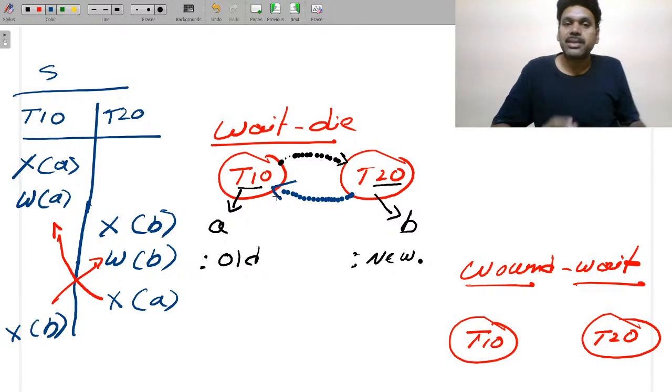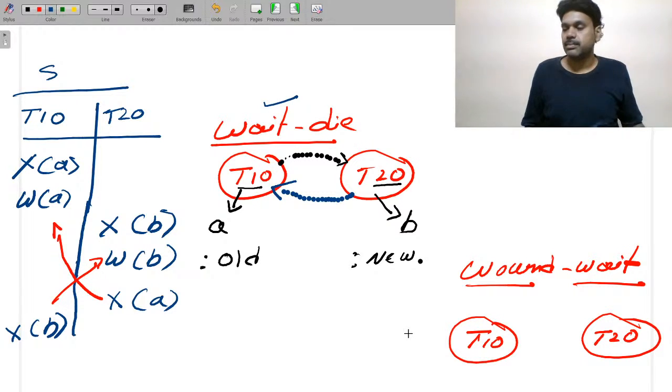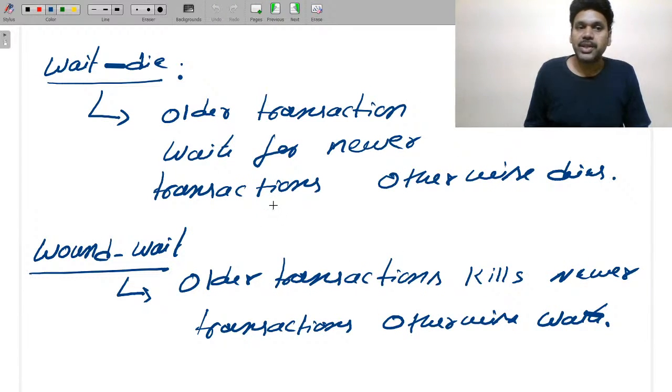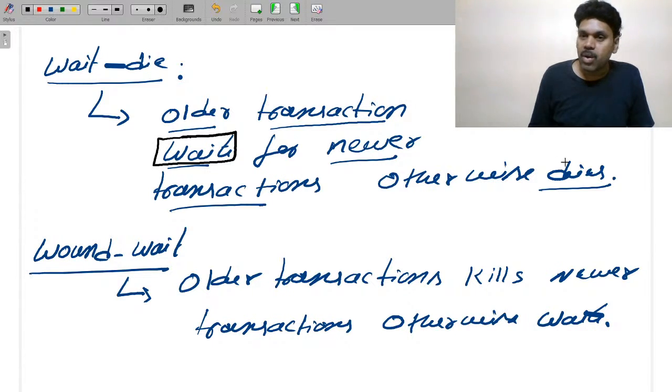Now, how to break this deadlock using the wait-die policy? Observe, friends. The definition is telling you that the older transaction waits, the newer transaction dies.